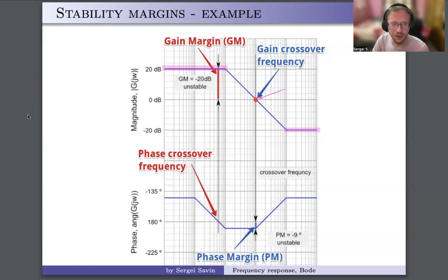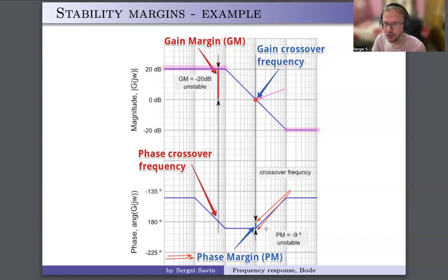But that is not all the information that we can get from it. What we can get from it is the fact that we are only 9 degrees away from crossing this line, from arriving at this amplitude 1, phase minus 180. So this distance is what we call phase margin, right? That is how far we are from crossing this boundary.